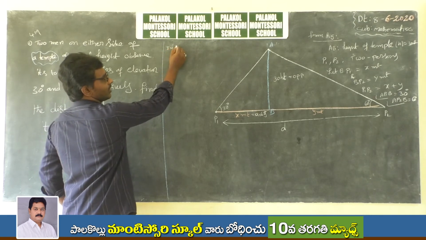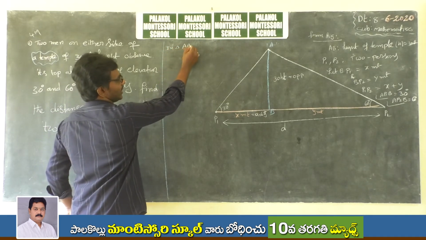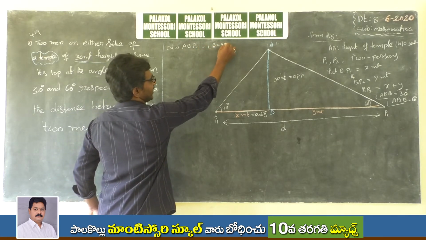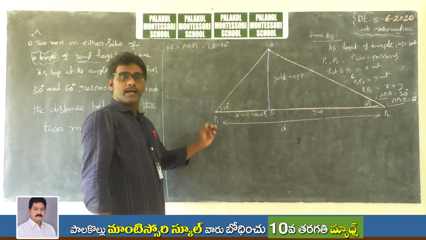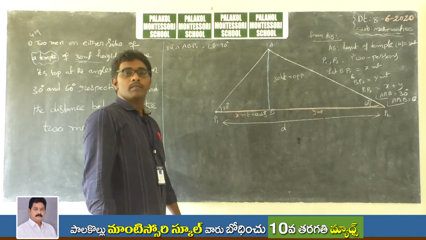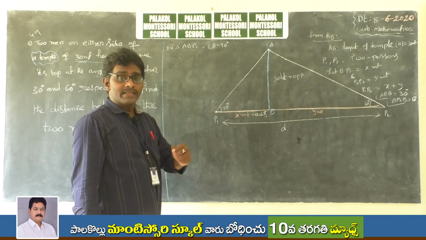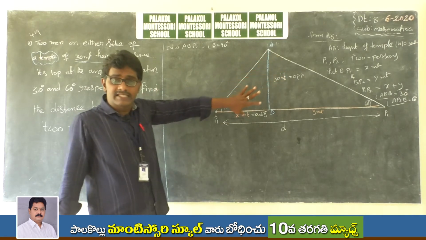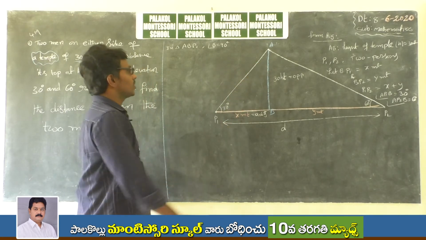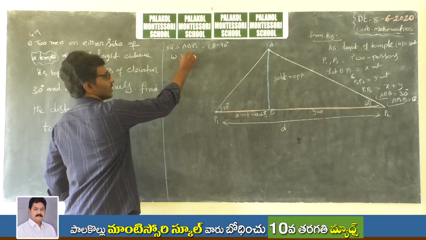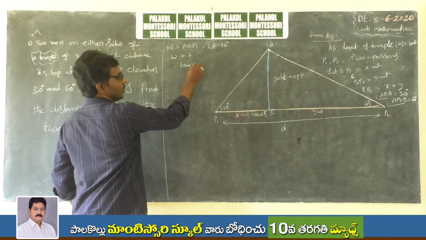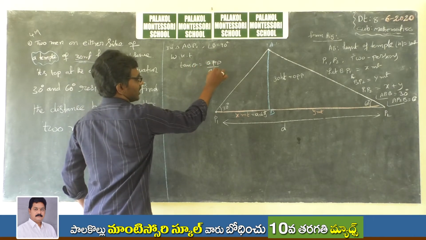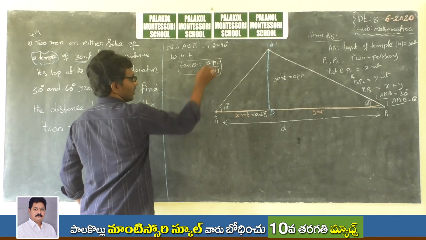In triangle ABP1, angle B equals 90 degrees. Immediately apply the tan formula. Why do you apply the tan formula? It relates the opposite and adjacent sides. So tan theta equals opposite side by adjacent side.